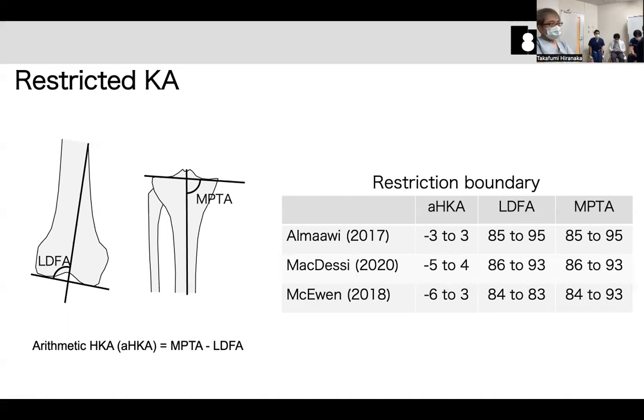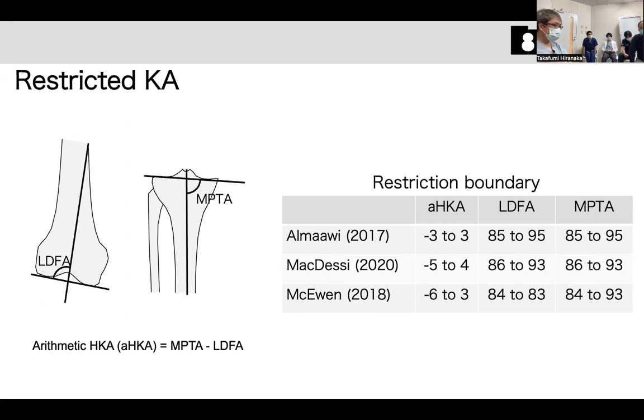How much? Varus means 93, I don't know. They define these angles, but no evidence so far, no evidence, based on their experience or feeling. But basically, I believe so.